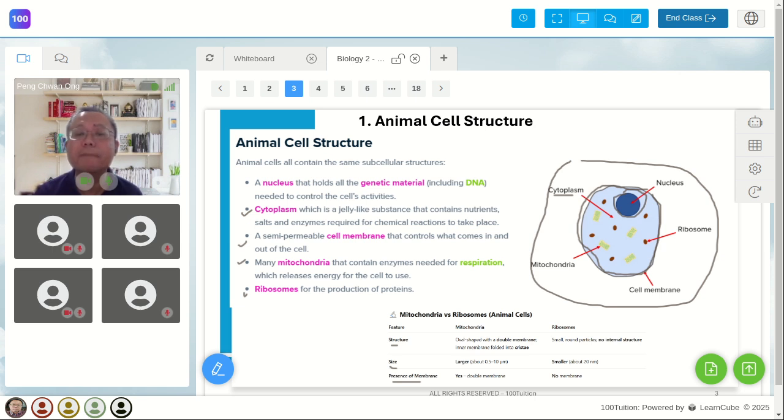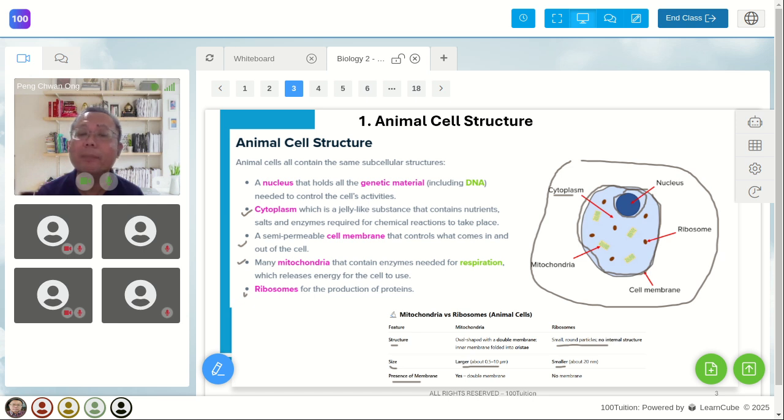In terms of structure, the mitochondria has an oval shape with a double membrane. You see that in plant cells too. Whereas the ribosomes are only small round particles with no internal structure.